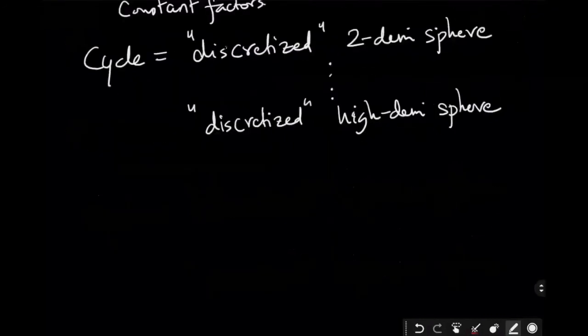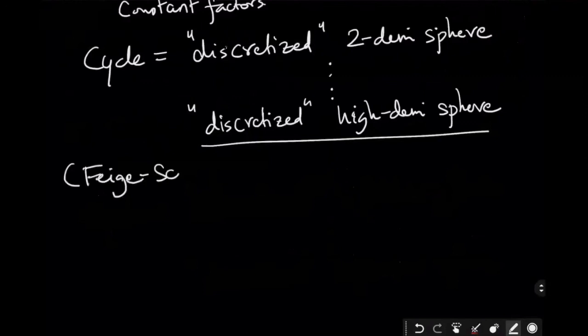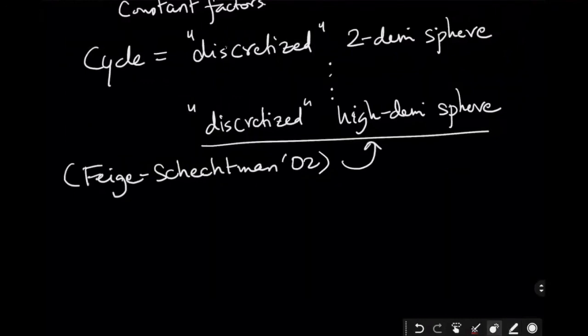This requires some effort. It's not exactly a 5-minute thing to prove, but also not very hard. Maybe it takes like 1 lecture to prove, which I will not do. Instead, I'll give you the reference. This was proven by Feige and Schechtman in 2002. They use this discretized high-dimensional sphere to prove that this alpha GW approximation we obtained is actually tight.